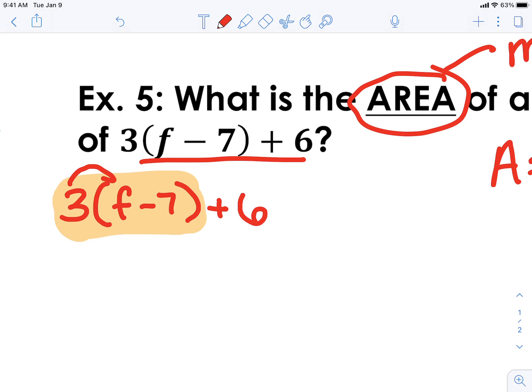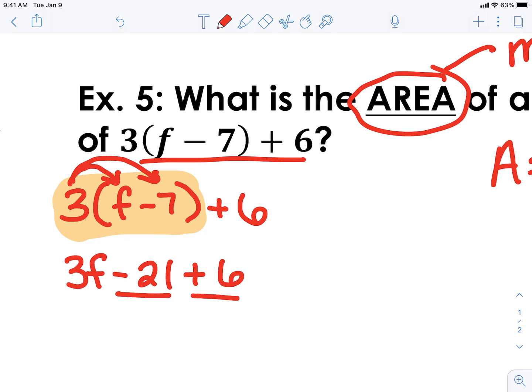So 3 times f is 3f. 3 times 7 is a negative 21. And then I have the plus 6 that I bring down with it. Okay, I combine my like terms, negative 21 plus 6. I get 3f minus 15.